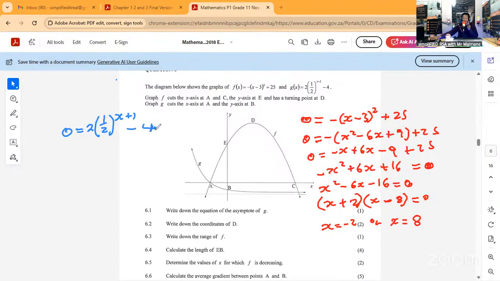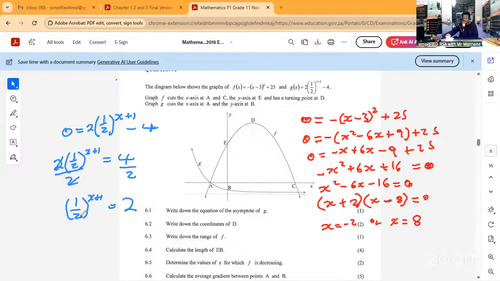This one is for when you are confident with your exponents. Then this becomes 2 times (1 over 2) to the exponent x plus 1 equals positive 4 if I take the 4 to the other side. Then I divide by 2 on both sides, this 2 cancels this 2. I'm left with (1 over 2) to the exponent x plus 1 equals 2.